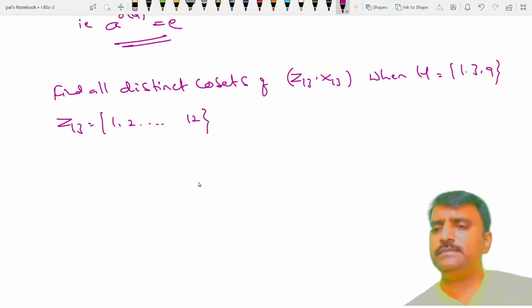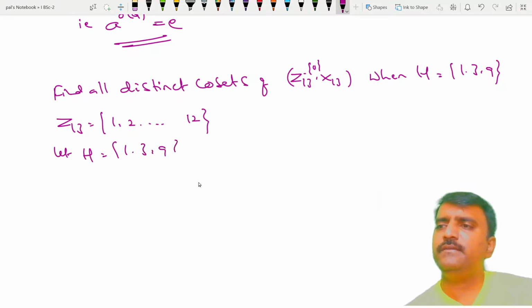It consists of all non-zero elements, so you can take Z13 minus 0. Now let H be equal to {1, 3, 9}. What is the order of Z13 minus 0?